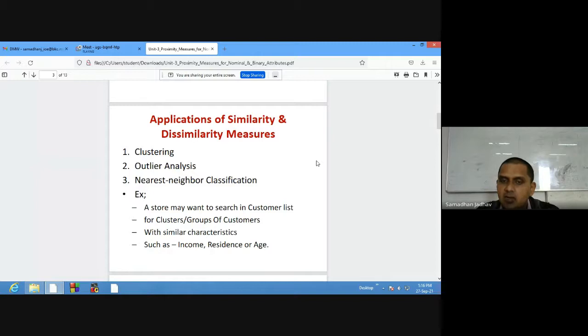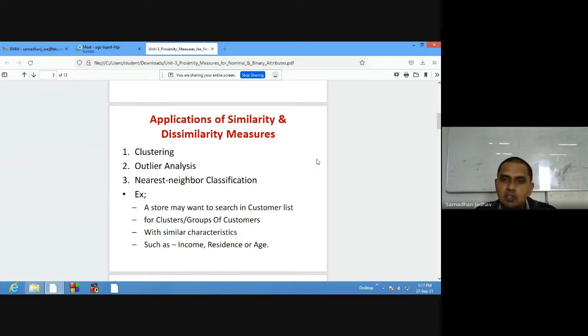So that is outlier analysis. There also we use these similarity or dissimilarity measures to find outliers. Outliers means the objects which are not similar to a particular group of objects. In the case of cyber security also, to understand cyber threats, what is a cyber threat?